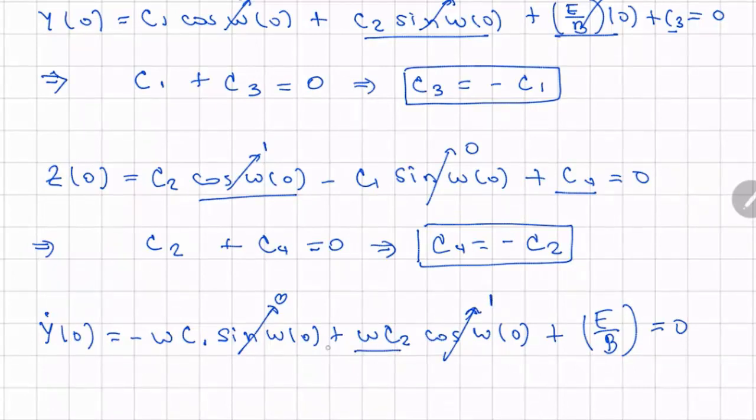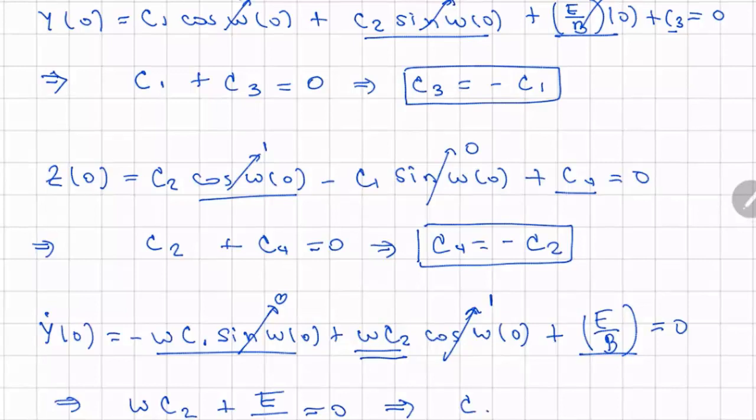So we get WC2, this term is 0. And WC2 multiplying 1 is WC2 plus E dividing B equals 0. Then we clear C2 and we get that C2 is equal to minus E dividing WB.